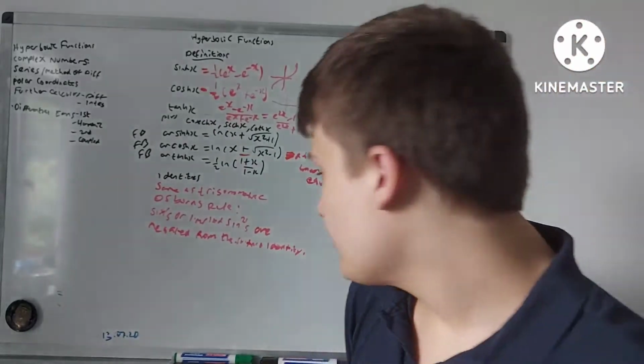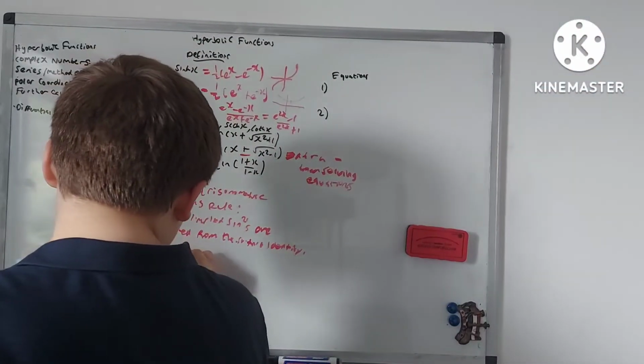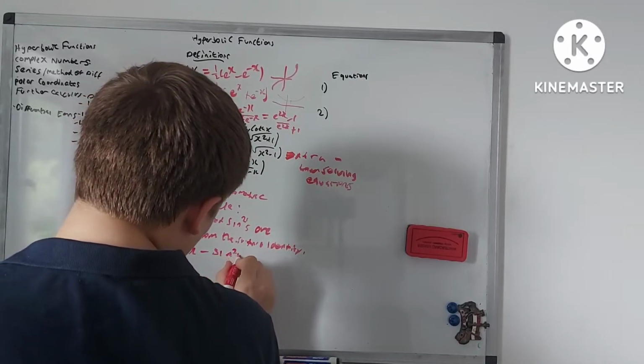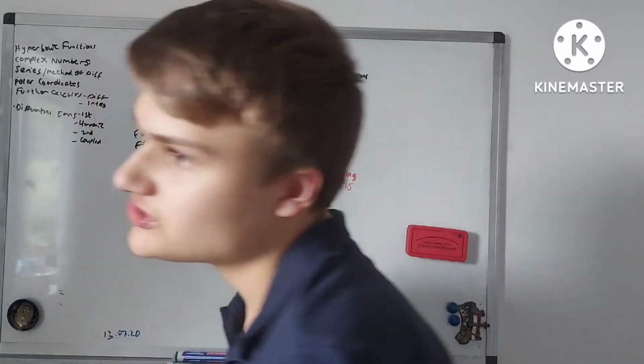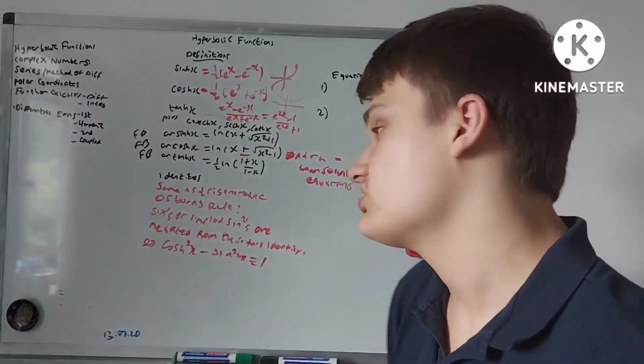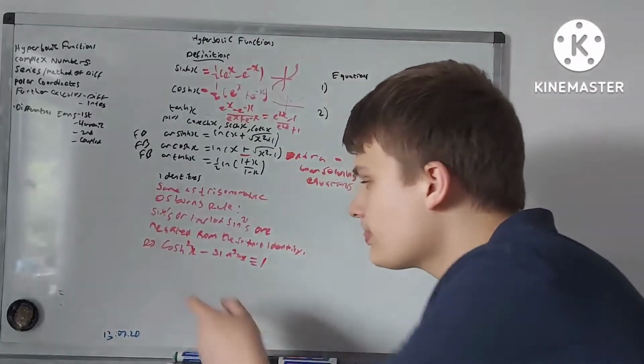Meaning, for example, cosh squared x minus sinh squared x equals 1. Not the classic Pythagorean where it's just sin squared plus cos squared is 1. Different from its trigonometric. That's all I'm talking about there.